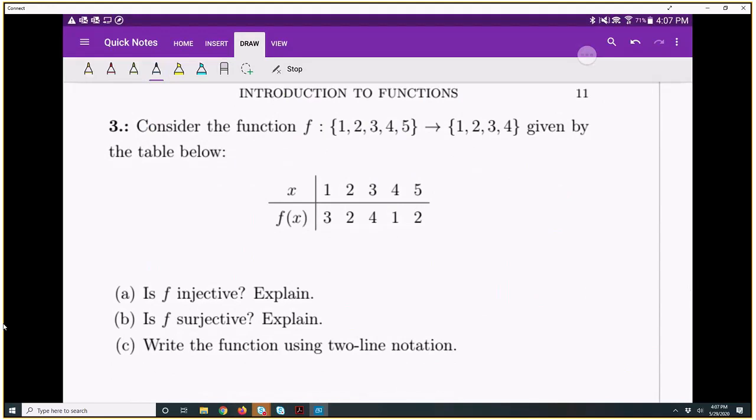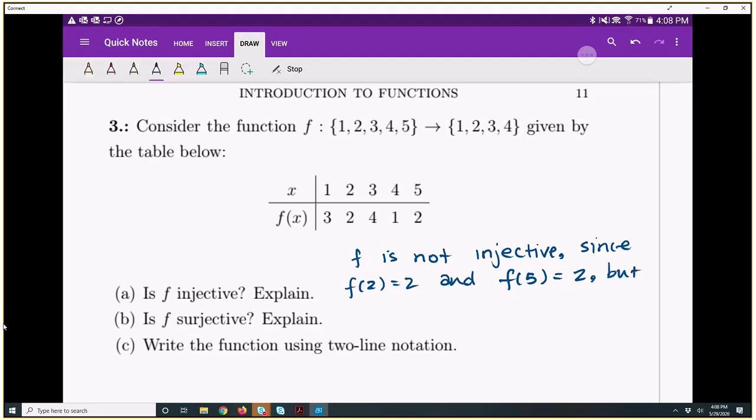Okay, the next example, we're given a table representation of a function f from the set {1, 2, 3, 4, 5} to the set {1, 2, 3, 4}. And we're asked, is f injective? f is not injective because looking at my table, I can see that f of 2 is 2 and also f of 5 is 2.